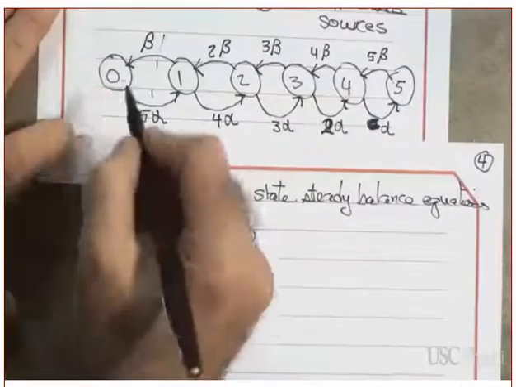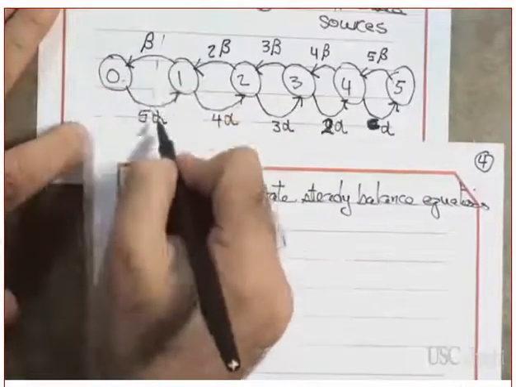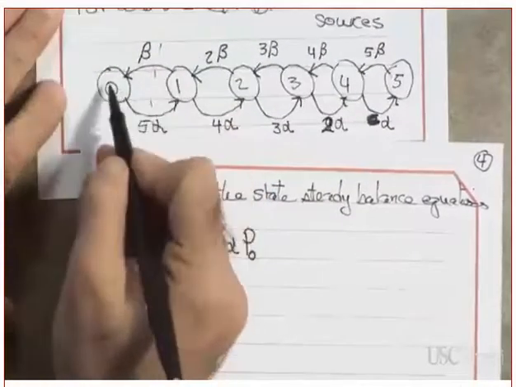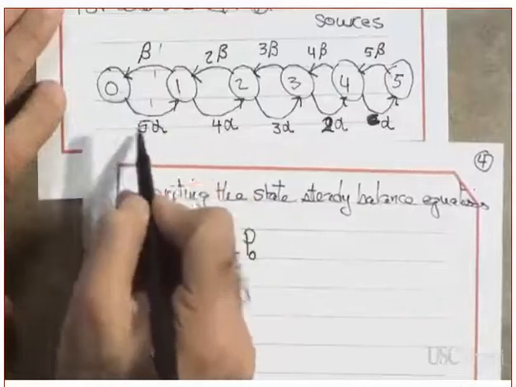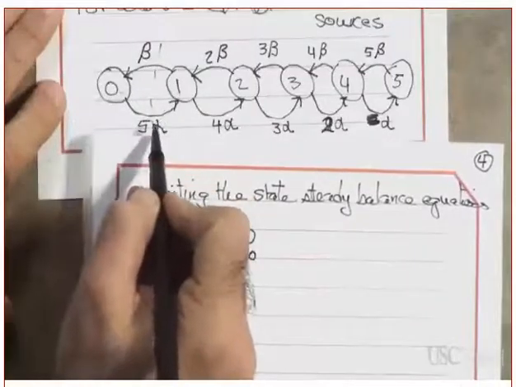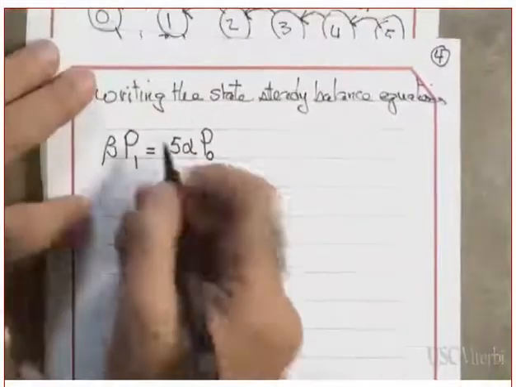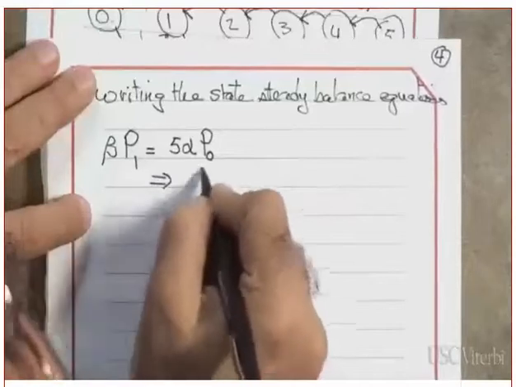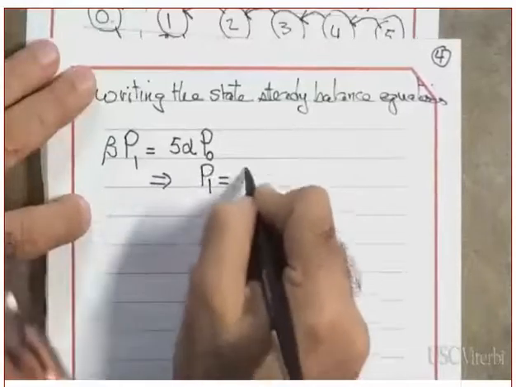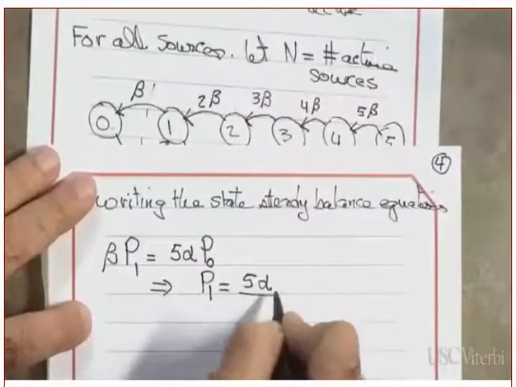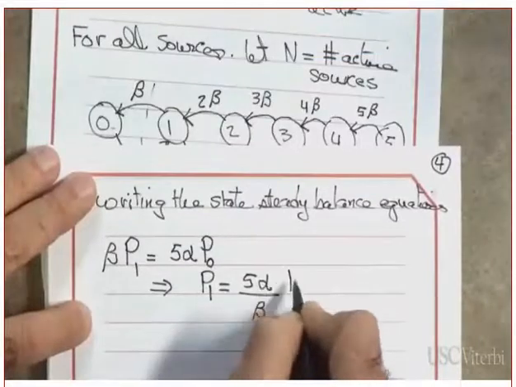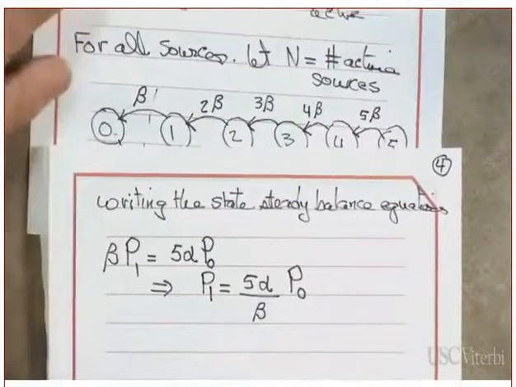Did you get it? This is the balance equation on this boundary. Clear? Which means P1 equals 5 alpha over beta times P0. Now let's do another one just before we generalize it.